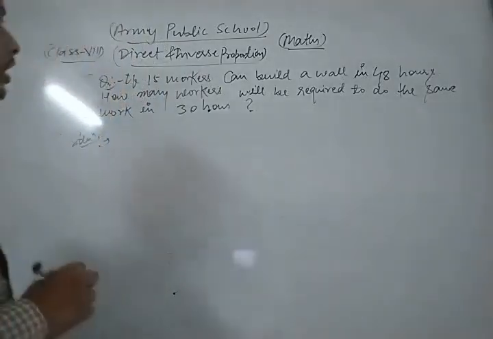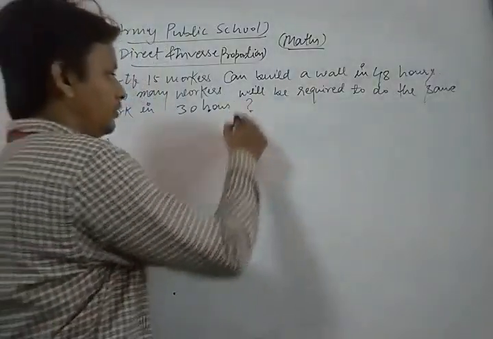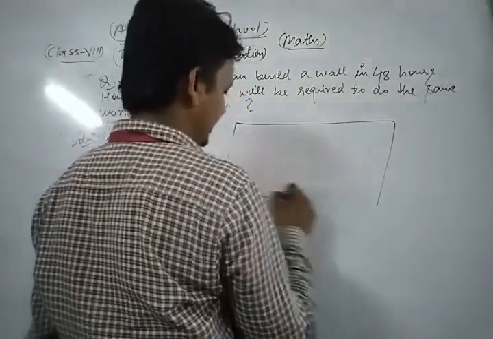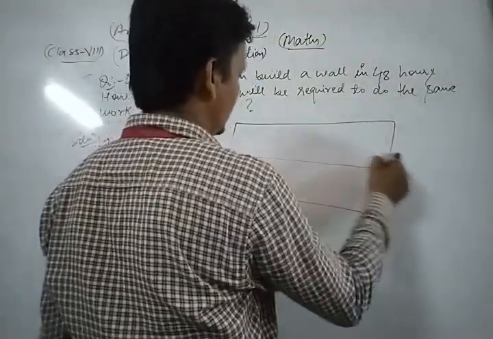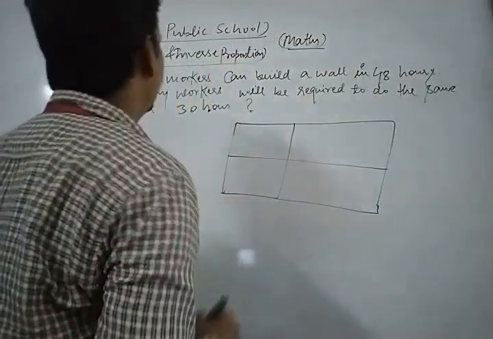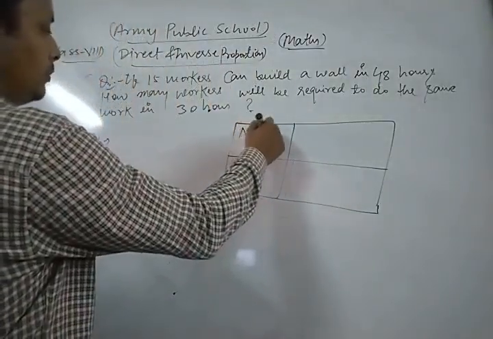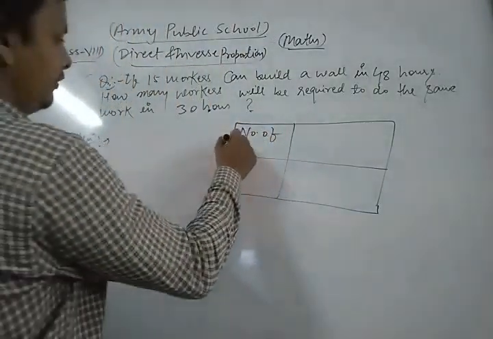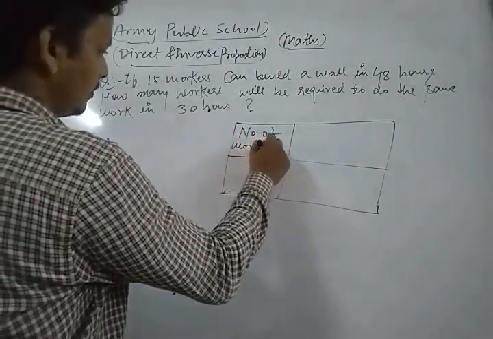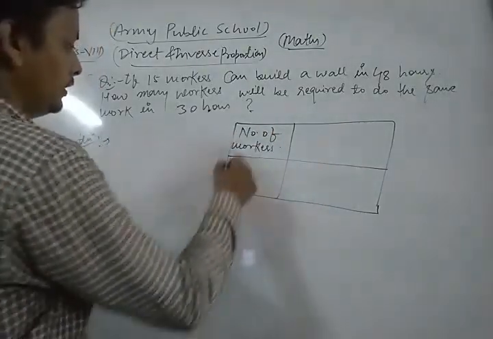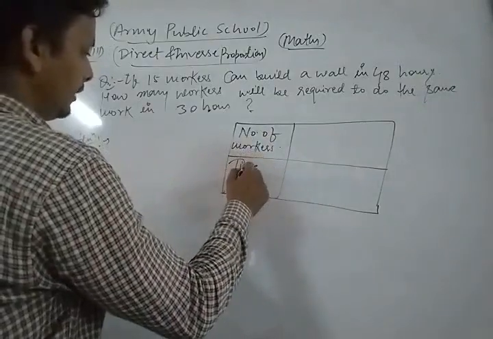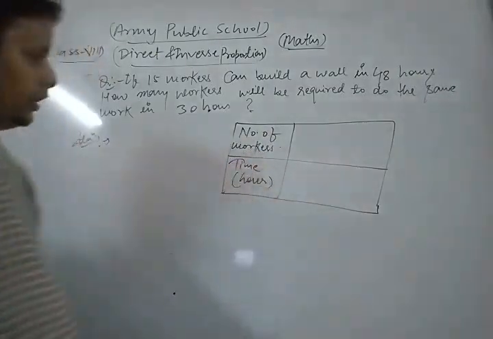So first of all let us form a tabulation. In one column we write the number of workers, and in the other we write the time taken, time in hours.